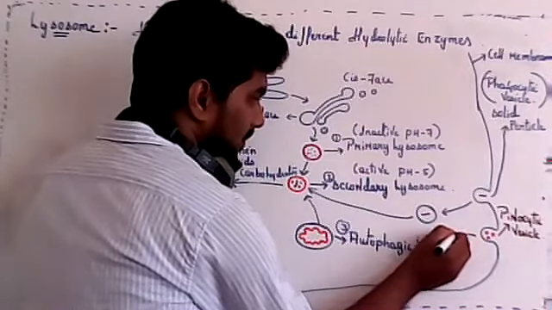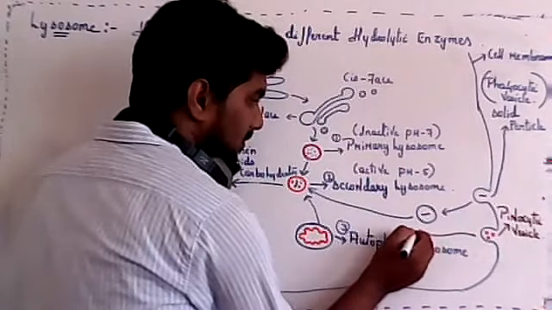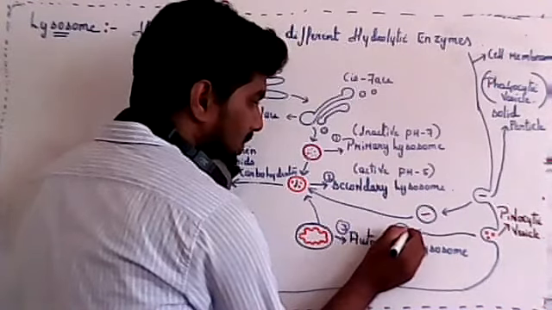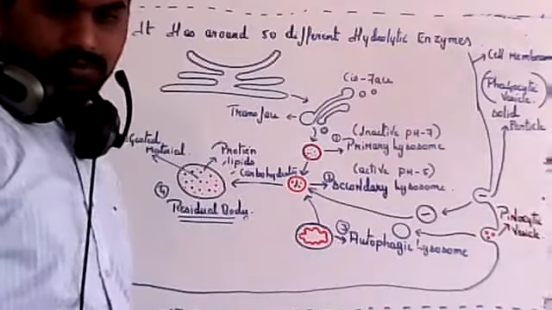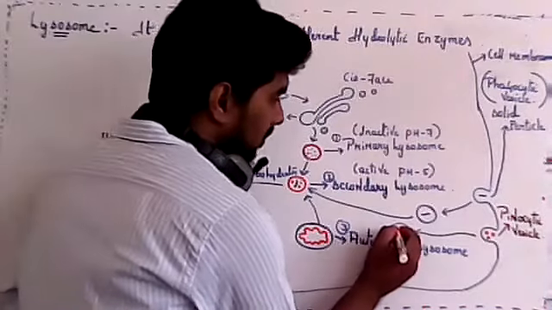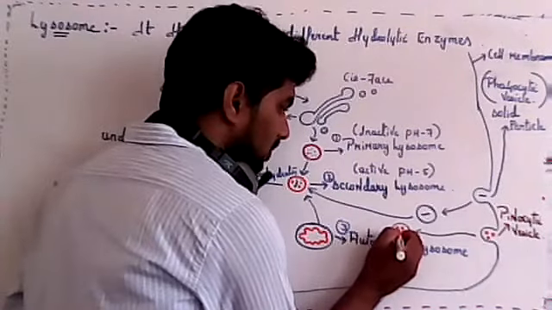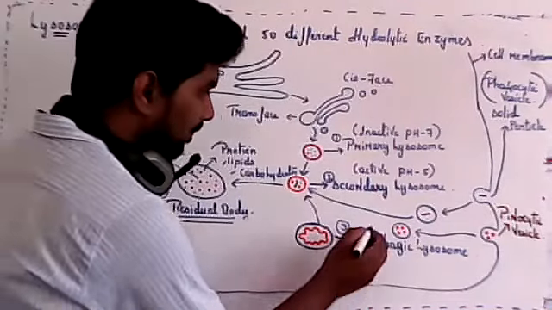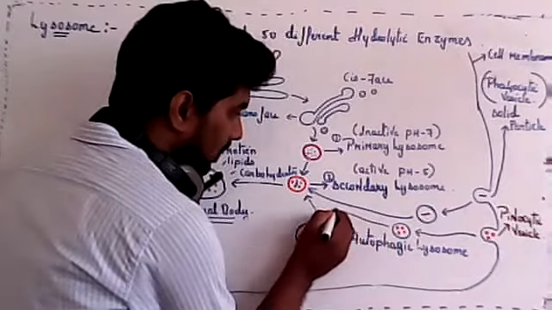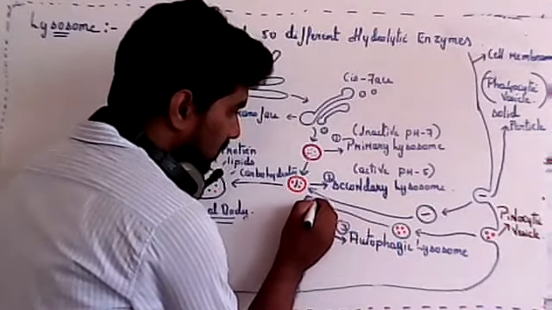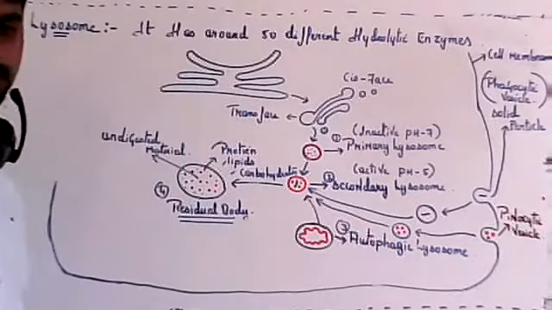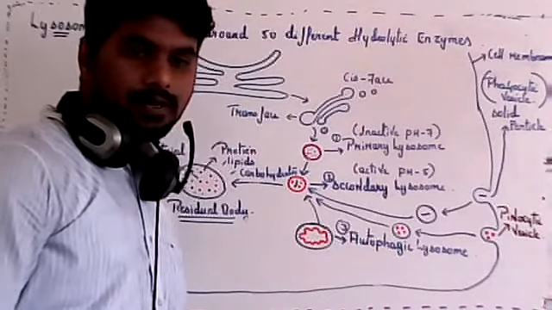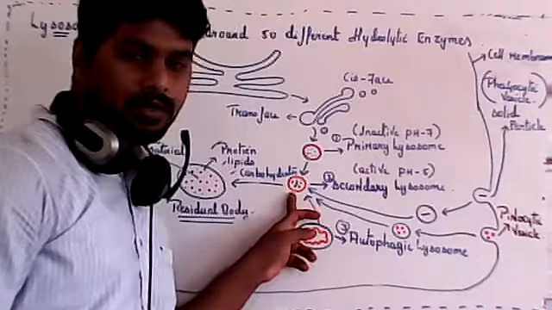If the fluid is filled inside the vesicle, such a vesicle is called a pinocytic vesicle. It will come and join here. Even the pinocytic vesicle will come and join at this particular point.